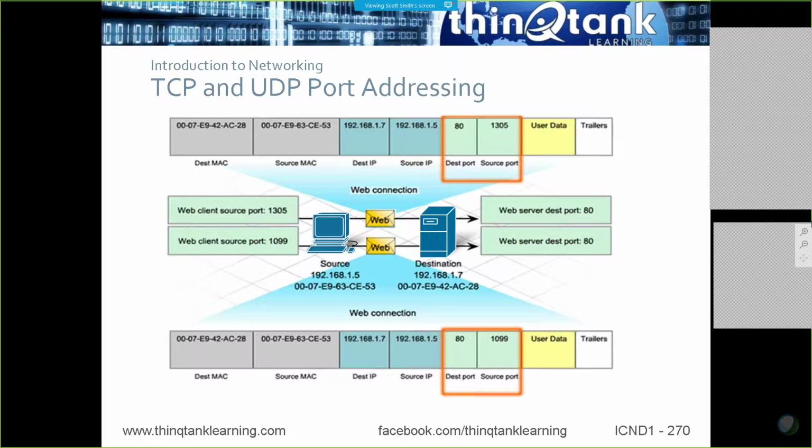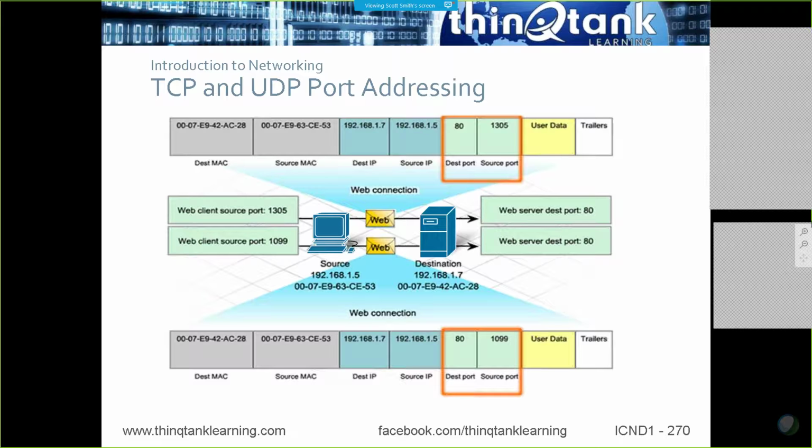That is what we refer to as an ephemeral port. Ephemeral, E-P-H-E-M-E-R-A-L, okay? These are ephemeral ports. That means they're randomly generated port numbers. Ephemeral simply means random. So every time a host opens up a connection, whether it's TCP or UDP, that source port is always going to be some sort of randomly generated port number.